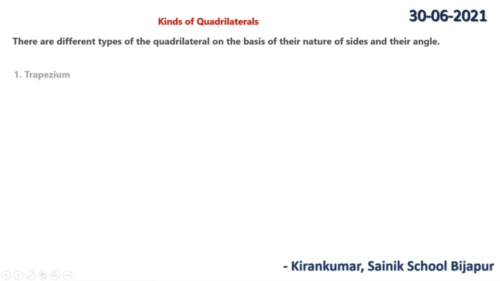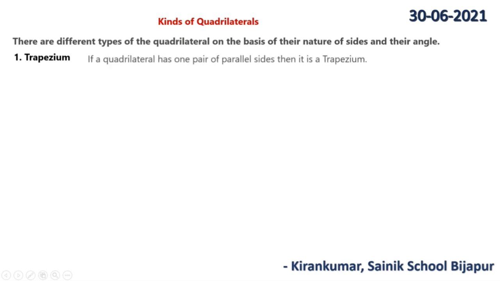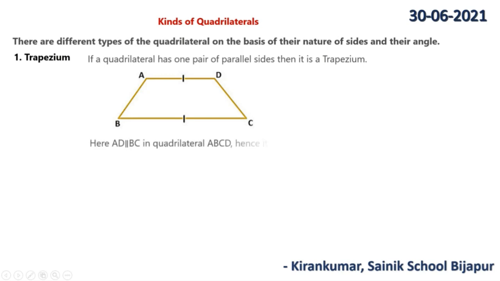First we have a trapezium. A trapezium is a quadrilateral in which one pair of parallel sides is present. In the quadrilateral ABCD, we have the side AD parallel to the side BC. So it is a trapezium.